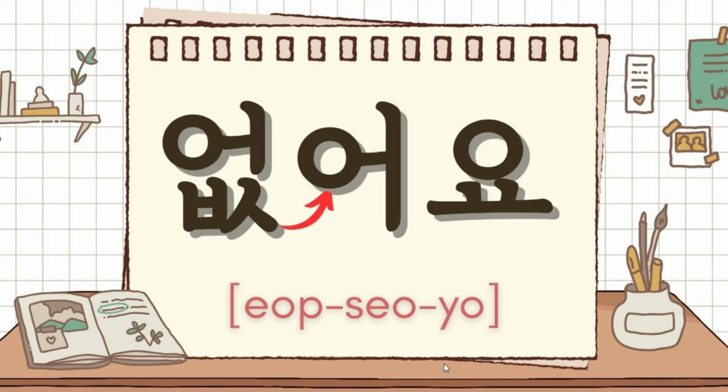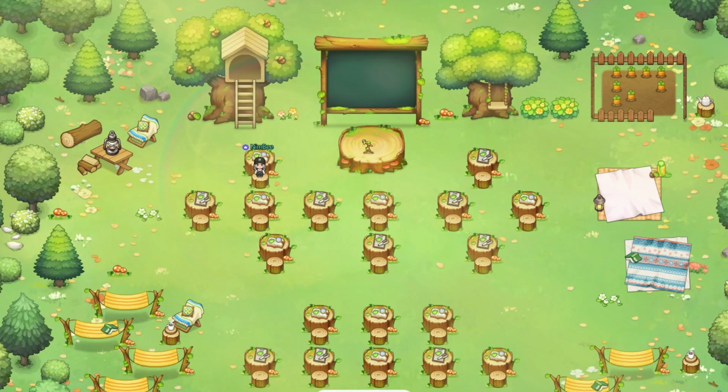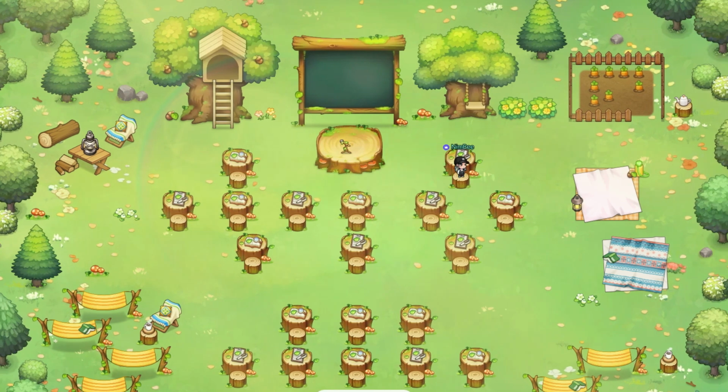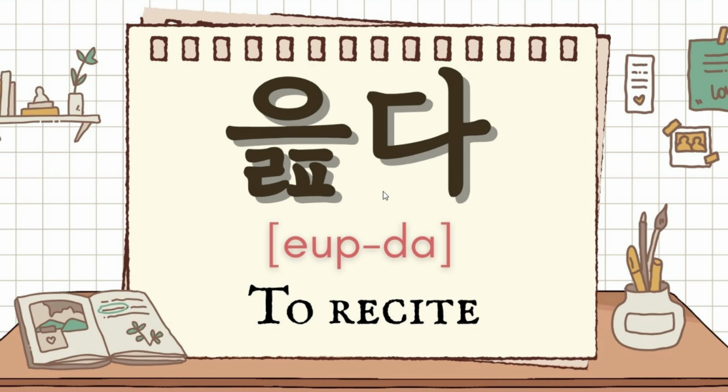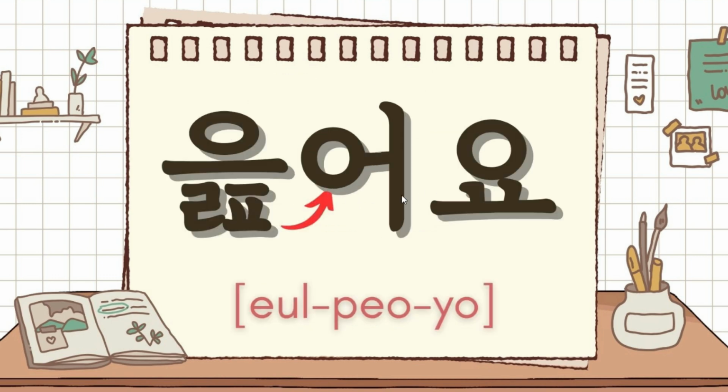But when you have a vowel, 없어요. Let's move to the last one. And the last double 받침 is 리을 plus 피읖. Here, the 피읖 is pronounced. 읊다. 읊어요. Okay, 읊어요.